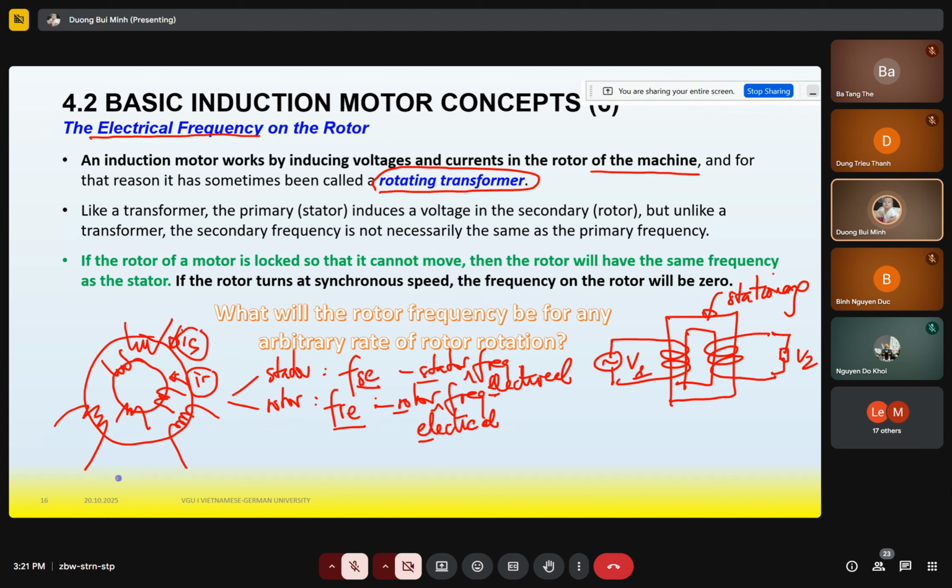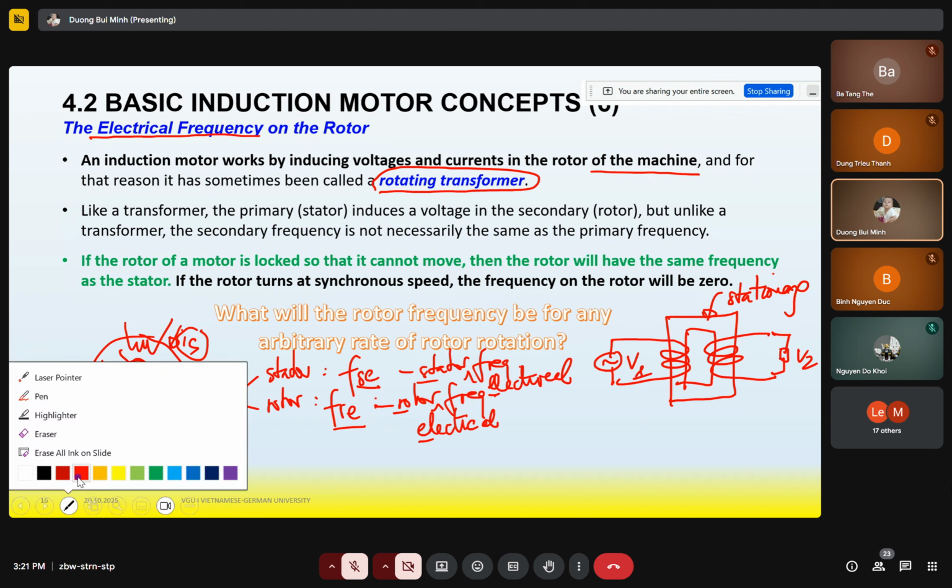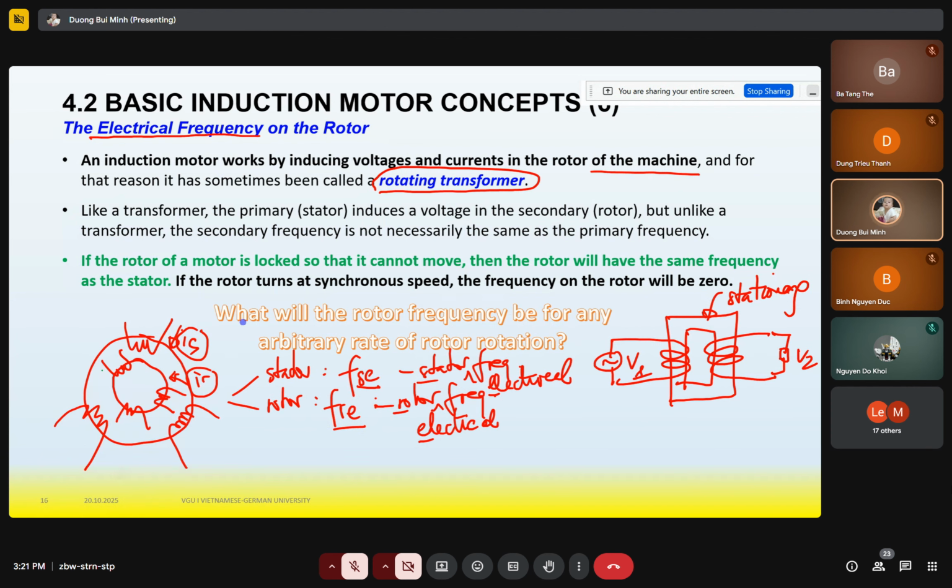But now look at this one. This is the stator, and this is the rotor, and the rotor rotates. At the beginning the rotor is stationary, and if we supply the current, the rotor will rotate. This is the reason we call it a rotating transformer.